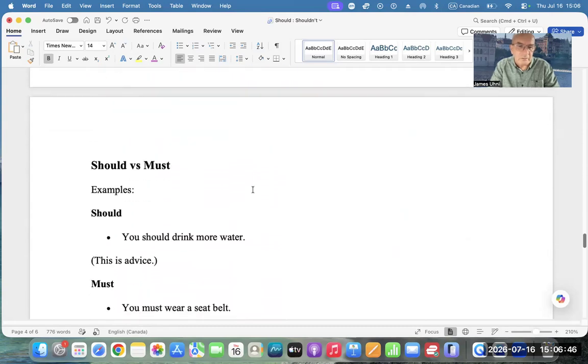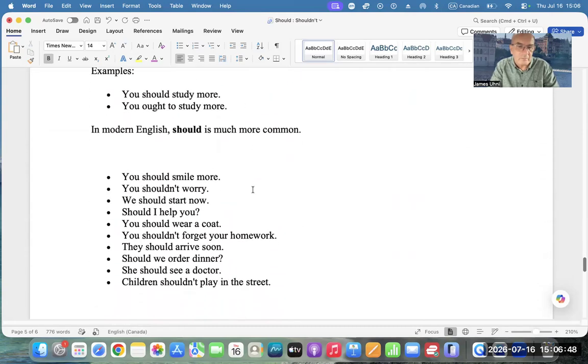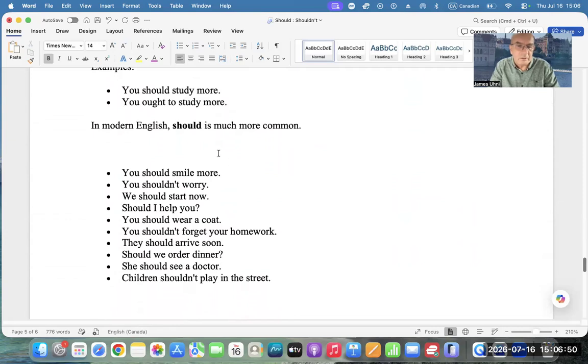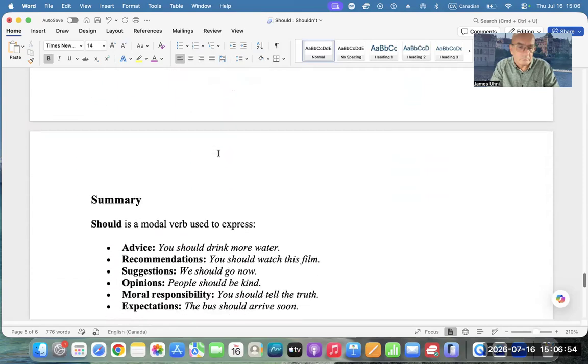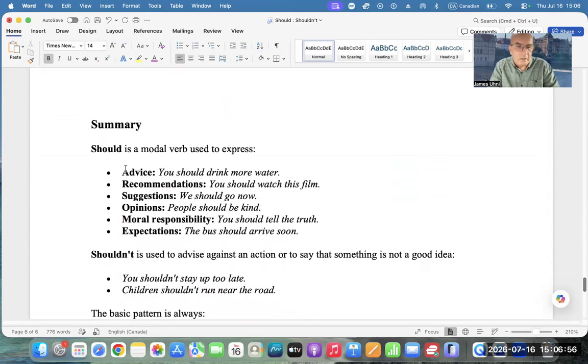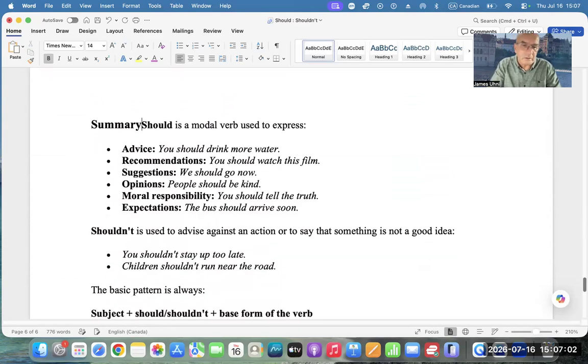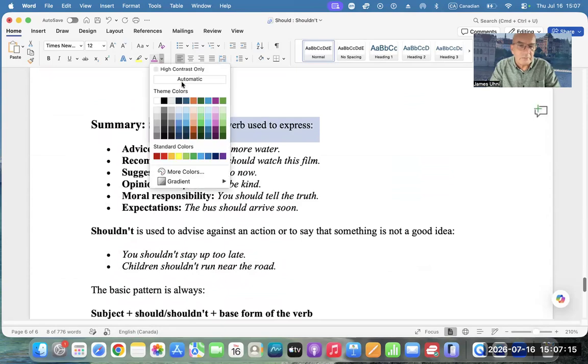So in the summary, it is: should is modal verb used to express. So let's make it this way. And I will highlight it in blue again because it is important.